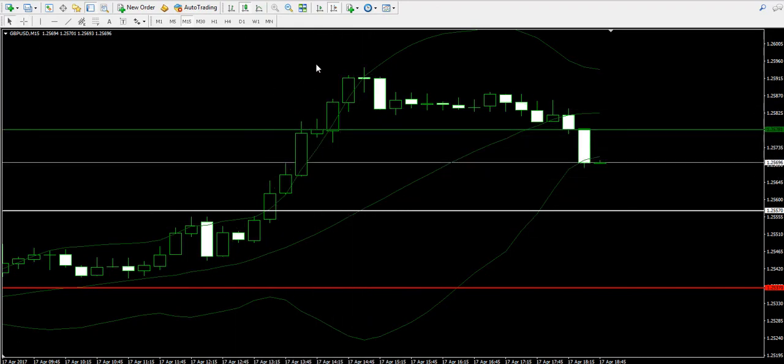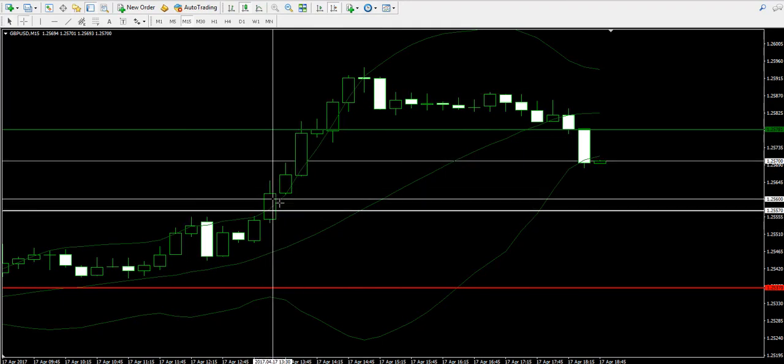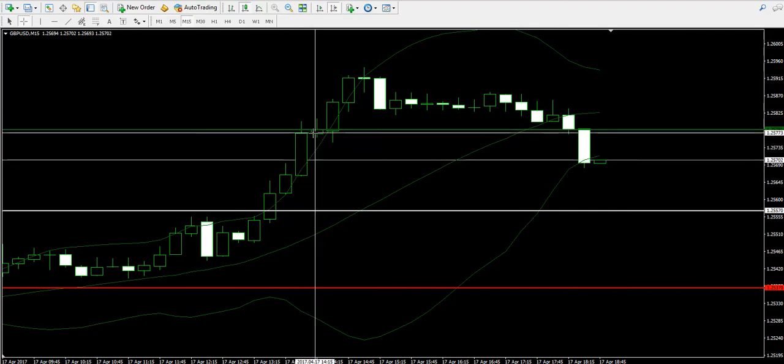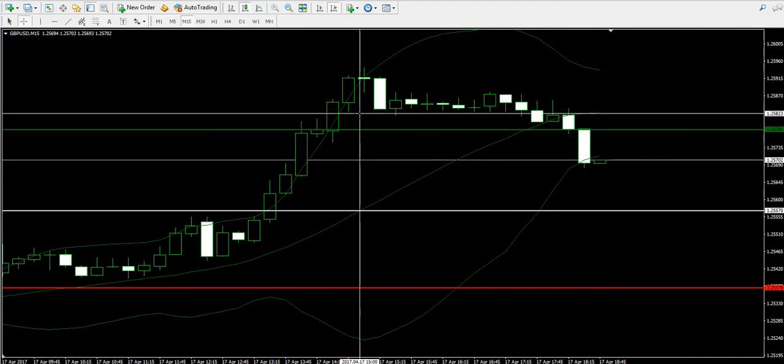Notice that another signal that you can use to exit your trade is, for example, I entered on bullish candles, then another bullish candle, fourth bullish candle, fifth, sixth, and seventh bullish candle.